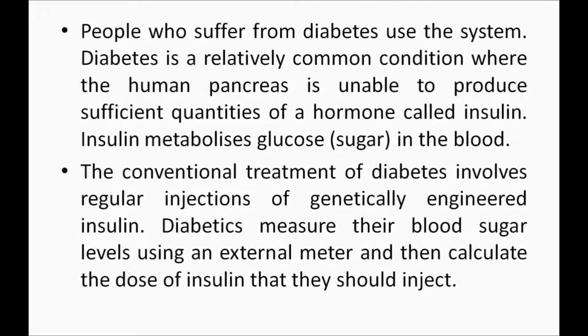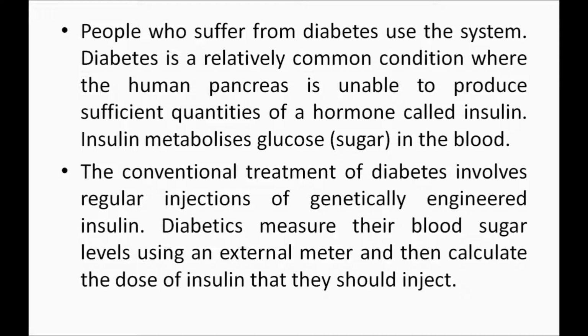The conventional treatment of diabetes involves regular injections. So I have to take the regular injections of insulin to treat the diabetes and to maintain the proper level of my insulin, right? Diabetics measure their blood sugar levels using an external meter and then calculate the dose of the insulin they should inject.